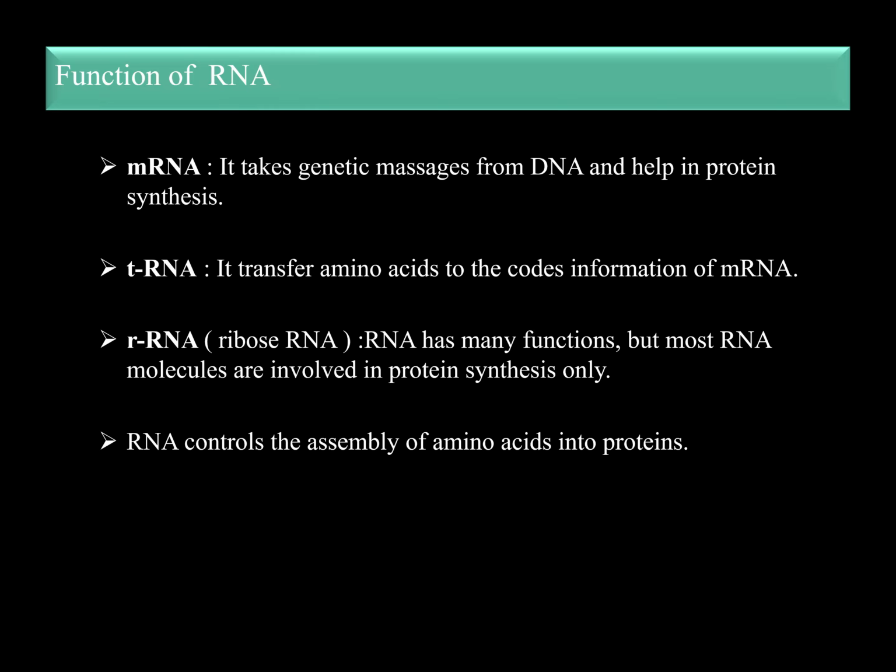It forms a major part of the ribosome and supports the assembly of amino acids into protein. So overall, RNA controls and supports protein synthesis by carrying the message, bringing amino acids, and forming the ribosome structure.